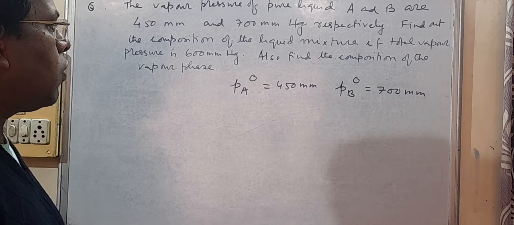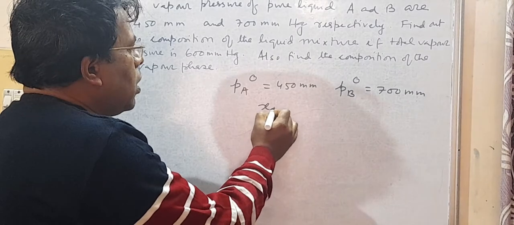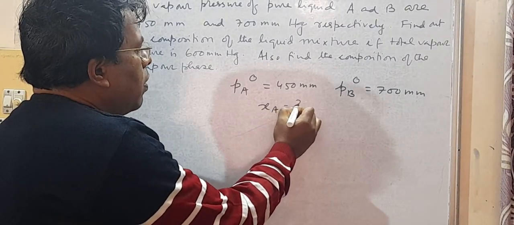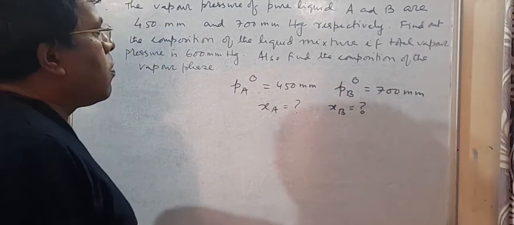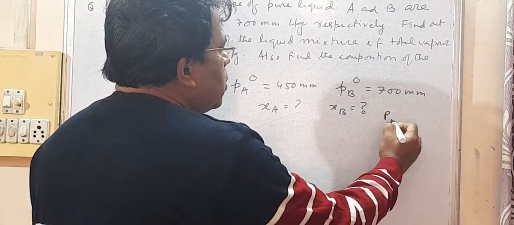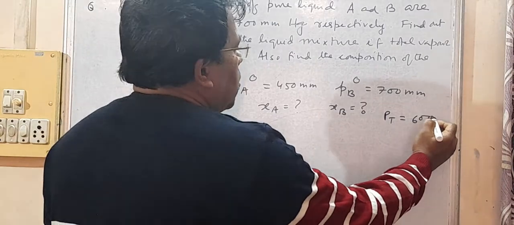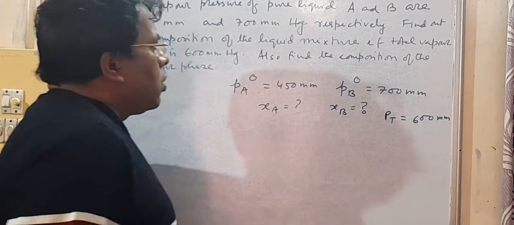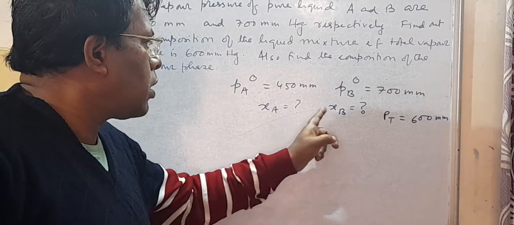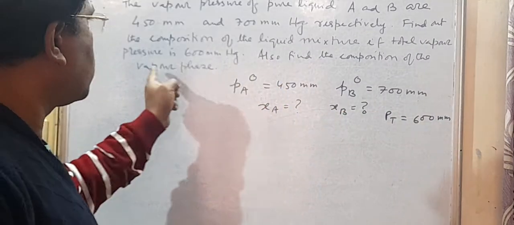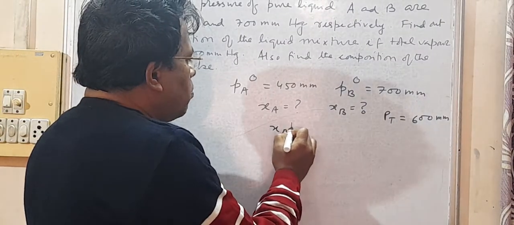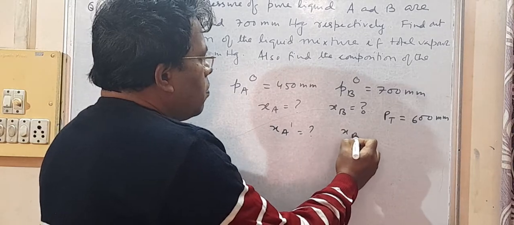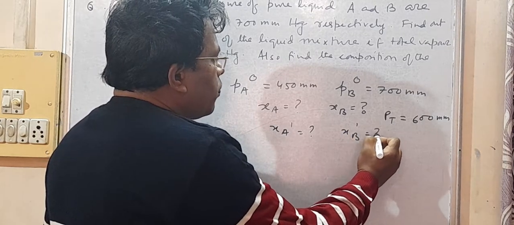That means here we have to find chi A, chi B, the composition, and it is given total pressure PT is 600 millimeter. So we have to find chi A and chi B, and also the composition in the vapor phase. That is, we also have to find chi A prime and chi B prime.